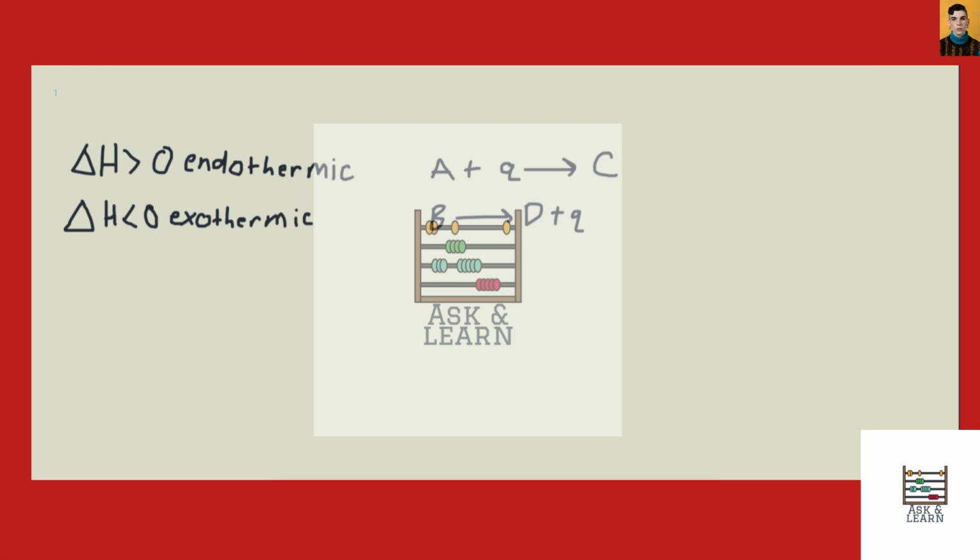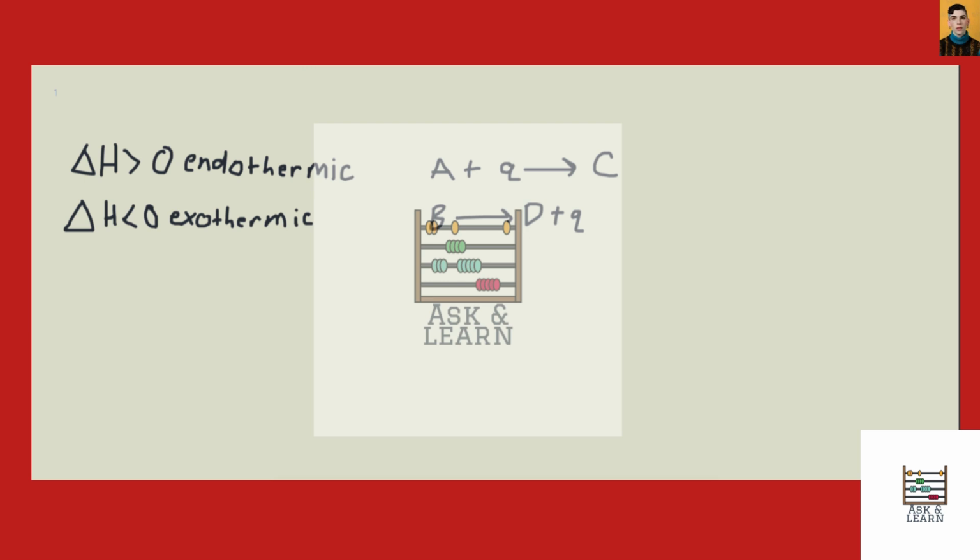So in endothermic reactions, you're adding heat; heat is a reactant, versus exothermic, where heat is a product. Now, remember what heat is. Heat denotes the transfer of energy, and temperature is the average kinetic energy of our system.